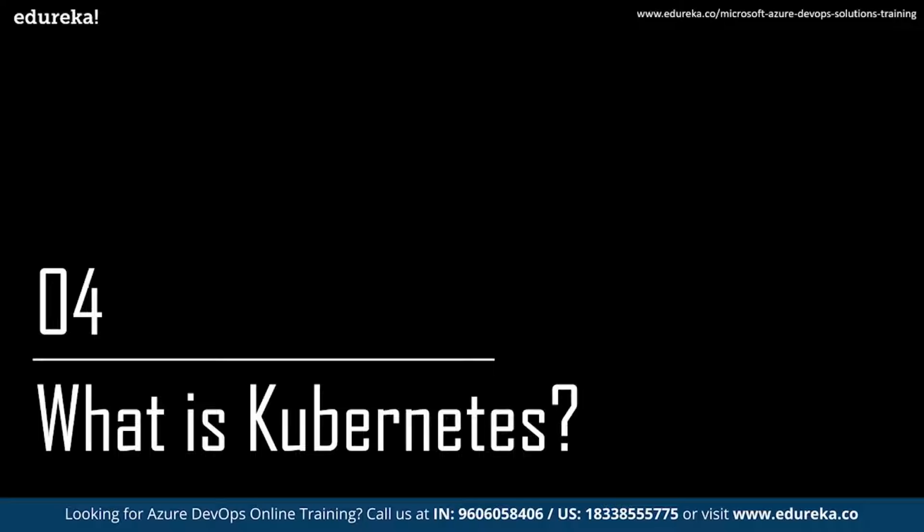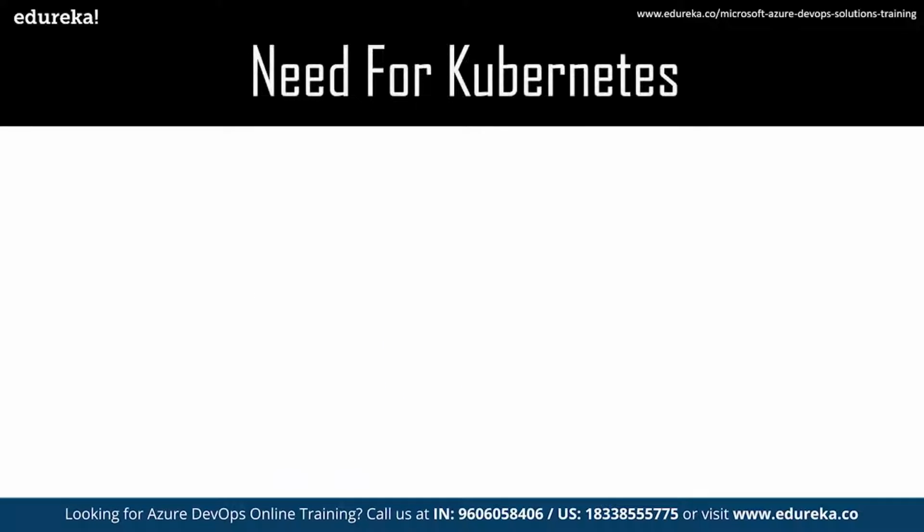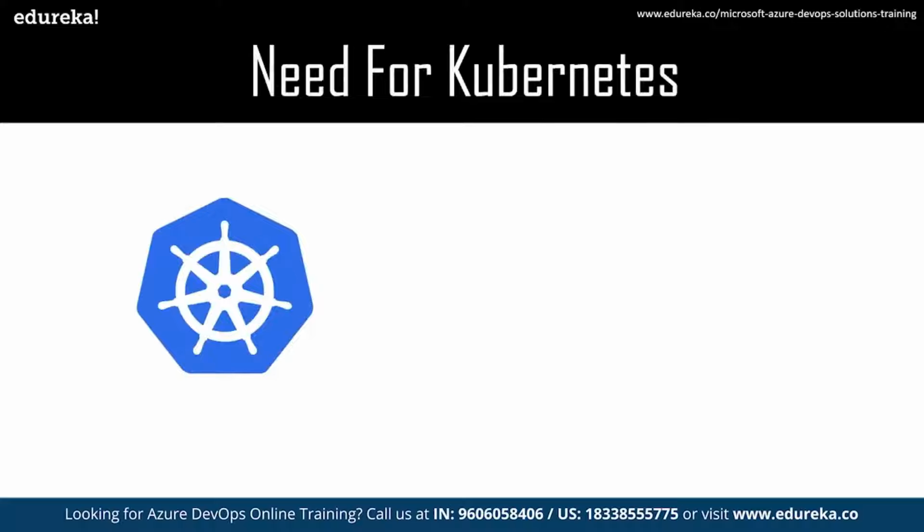Let's try and understand what Kubernetes is, why we need it, and whether it is the same as Docker or not. Here are a few things that would tell us why we need Kubernetes and how it is different from Docker. When you talk about Kubernetes, it is used for container communication. This is where it is different from Docker.